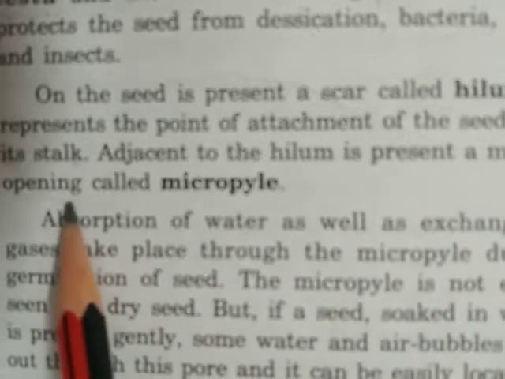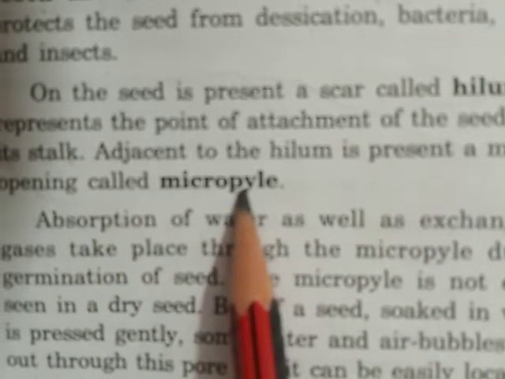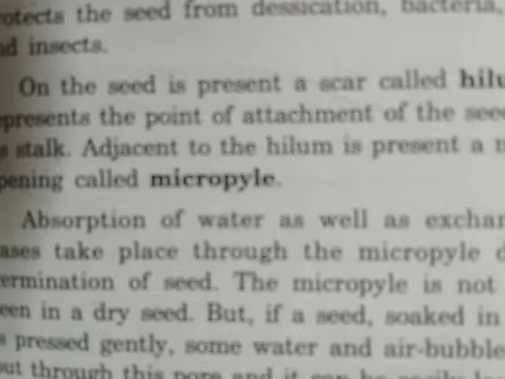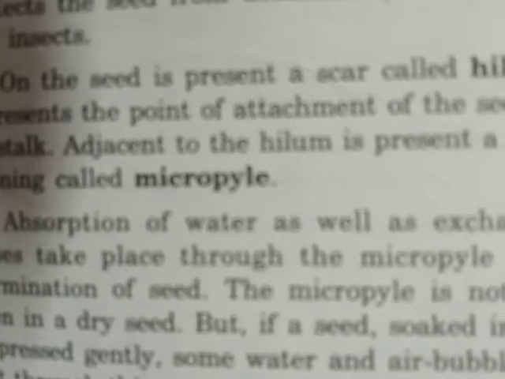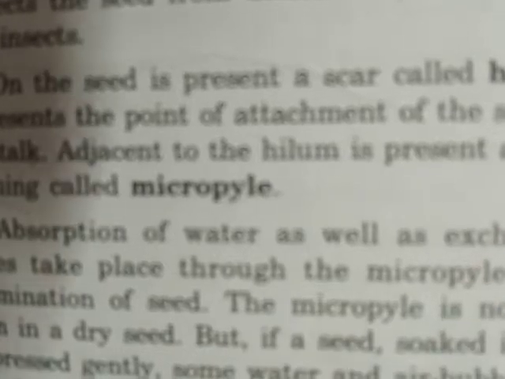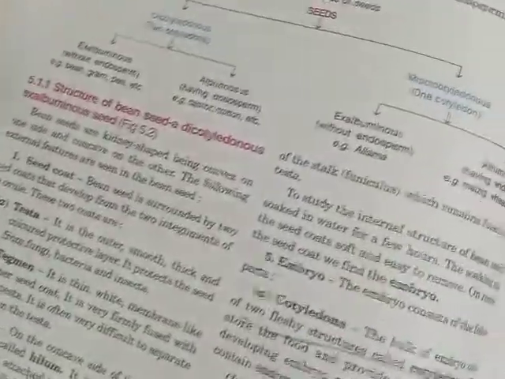Adjacent to the hilum is present a minute opening called the micropyle. Adjacent means lying next to the hilum or very close to the hilum. This opening is known as the micropyle.